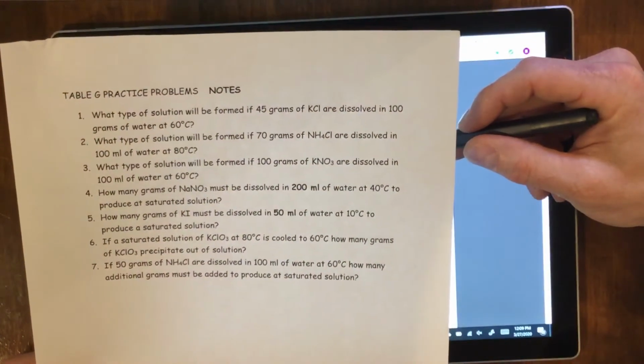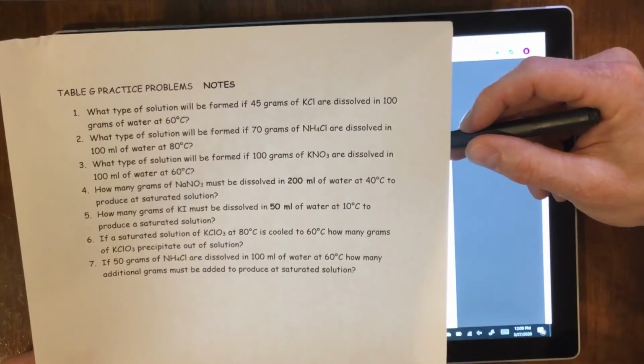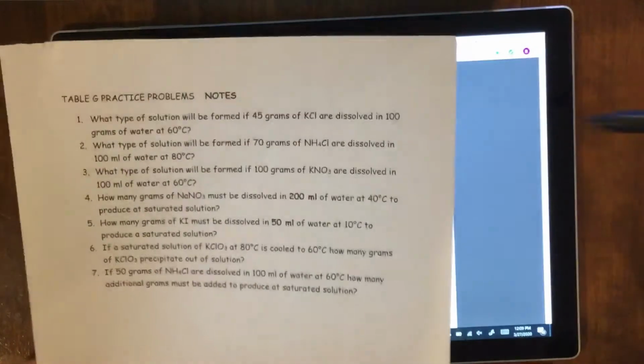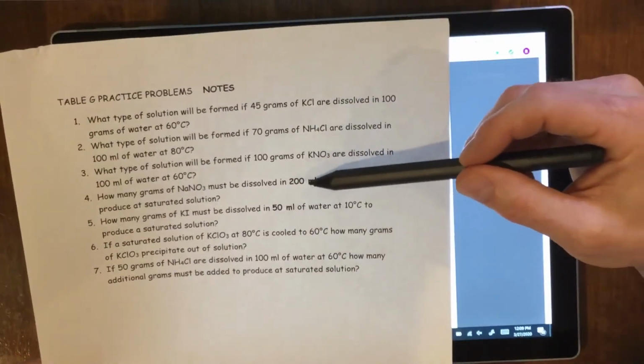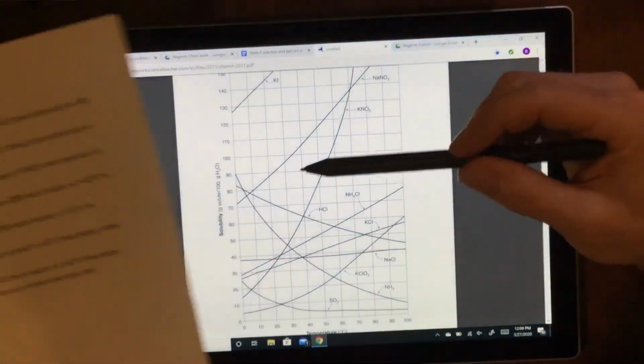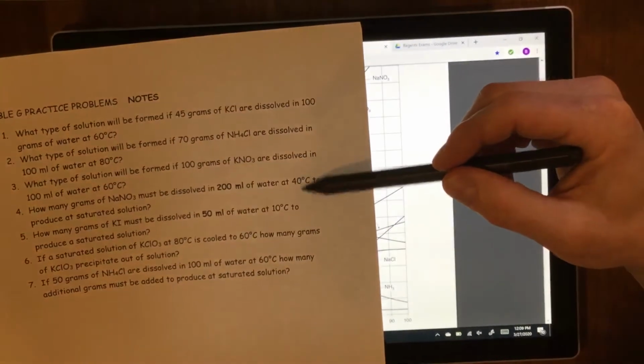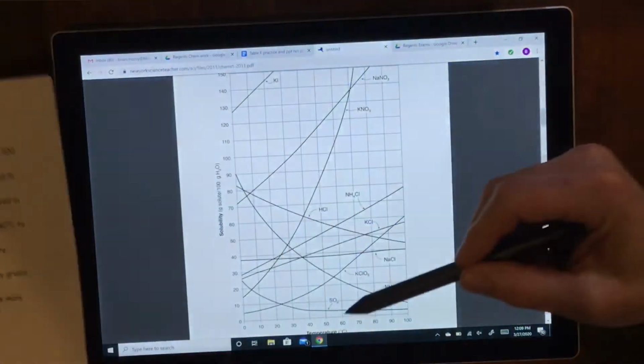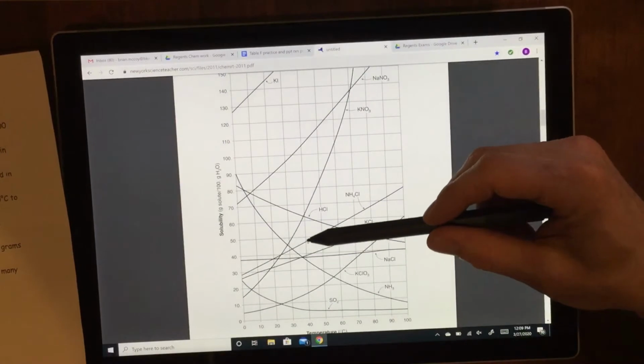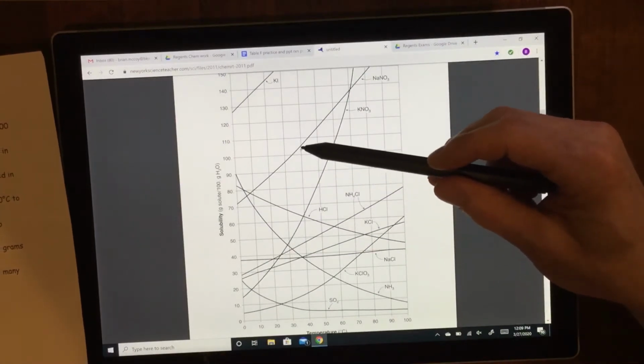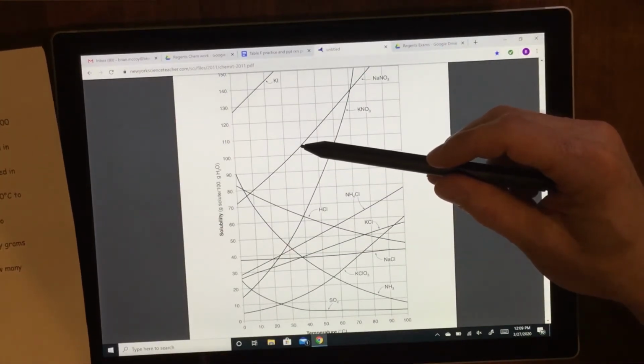4, how many grams must be dissolved in 200 mL at 40 to make saturated? So again, 200 milliliters is double whatever's on here. So I'm going to go to 40 degrees and then up to NaNO3, right here. Saturated is on the line. That's about 105, right?